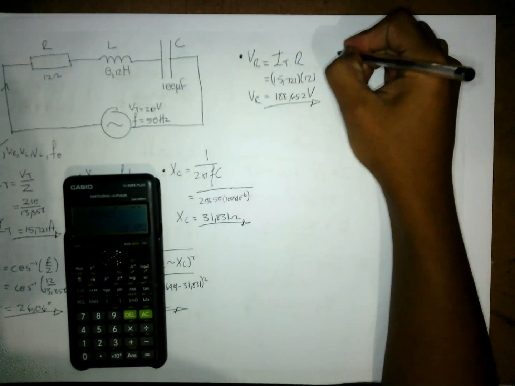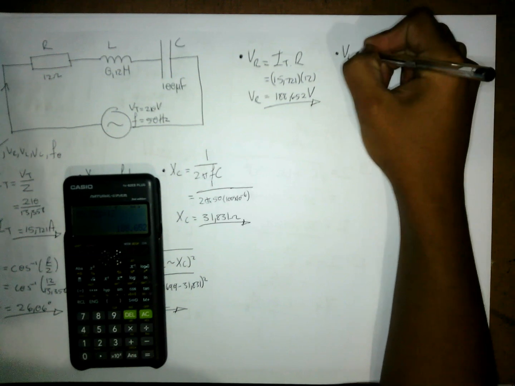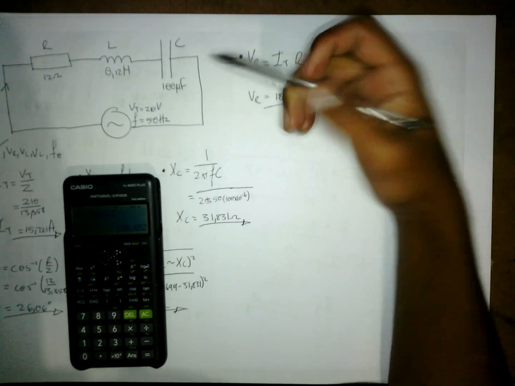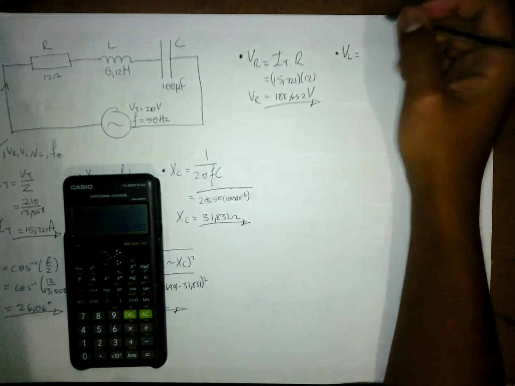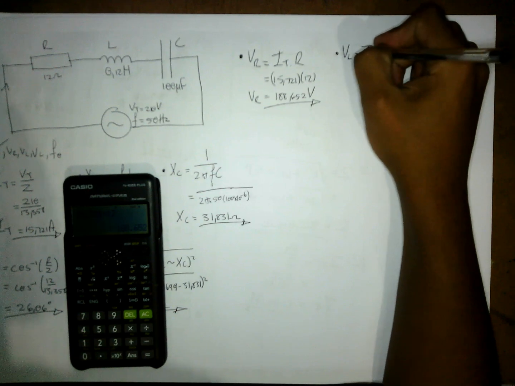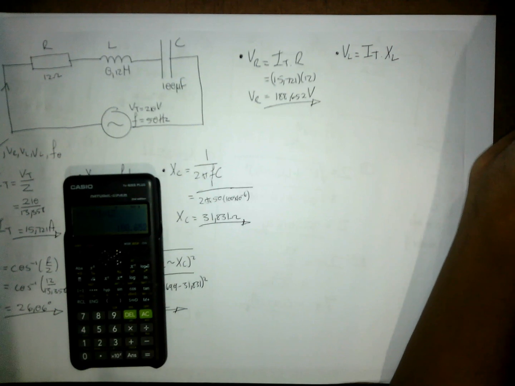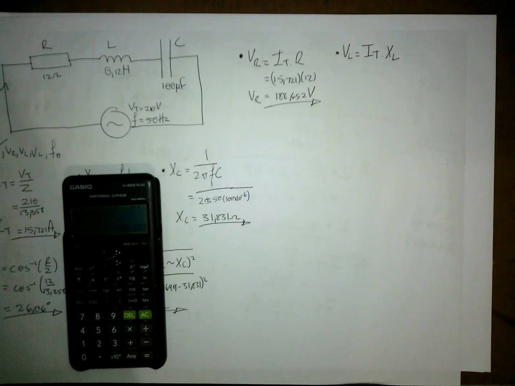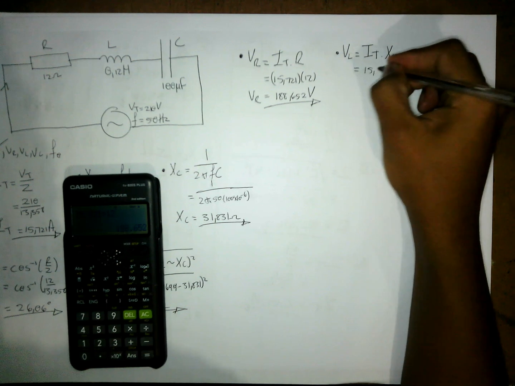Then for the voltage drop across the inductor, the very same thing. We need the current going through this inductor and the inductor's resistance. So the name of the resistance for the inductor is XL. So we substitute 15,721.